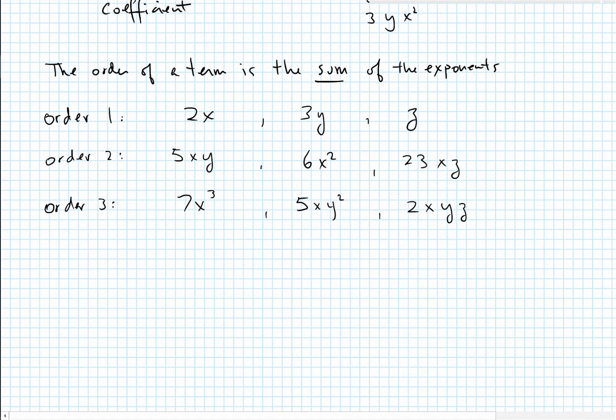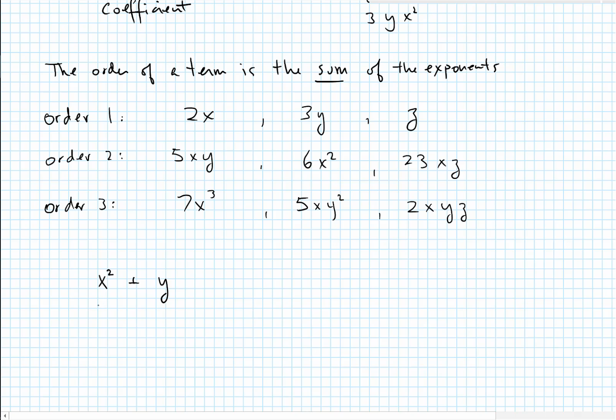The order of a polynomial is the same as the term with the highest order. In other words, a polynomial is a sum of terms. So let's take a look at a polynomial. So we could have a couple of terms like x squared plus y.